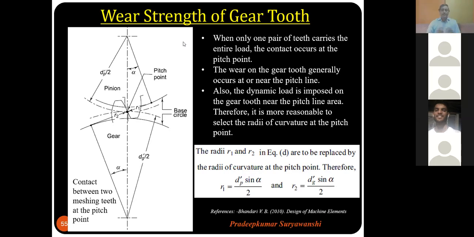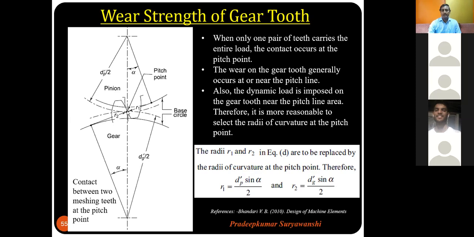So the contacting cylinders which I had shown on the previous slide can be considered as cylinders having radius r1, that is from here to here, and radius r2, that is from this point to this point. So these radii are considered as the radii of curvature of the tooth profiles at the pitch point.